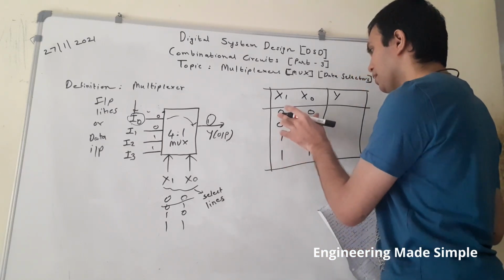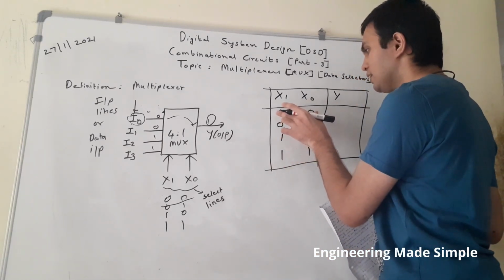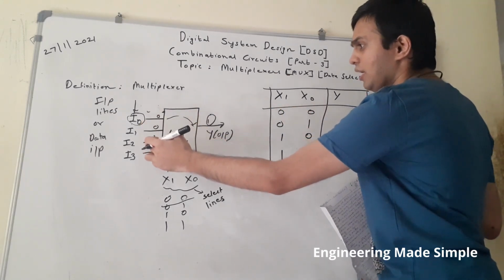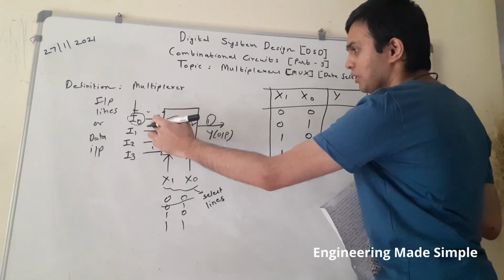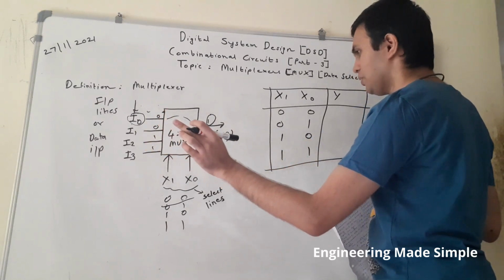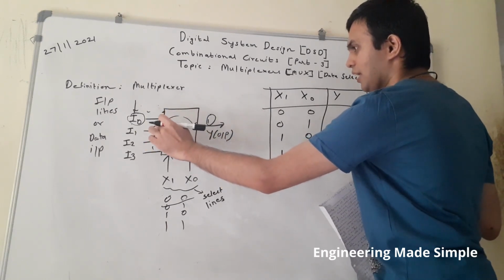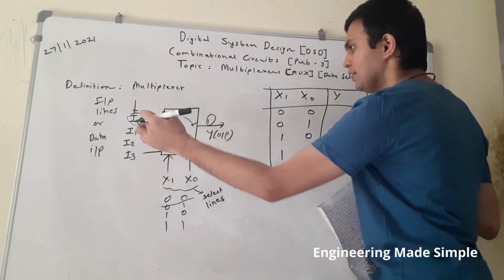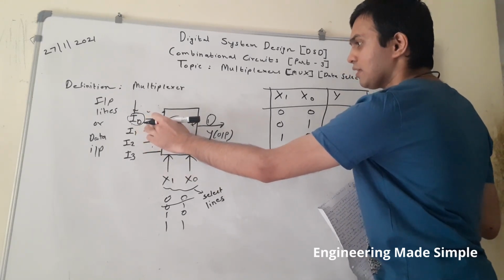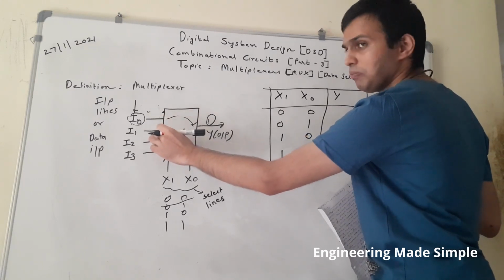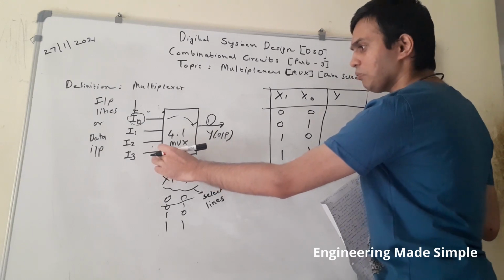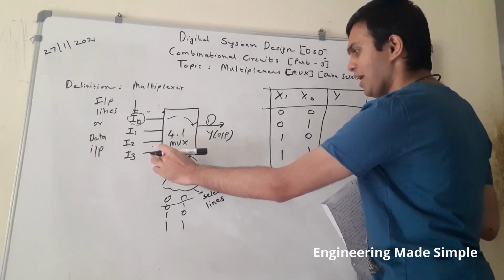Now depending upon this select logic, which particular input line will be selected would be decided. First input line is denoted by I0, second input line is denoted by I1, third input line is denoted by I2, and fourth input line is denoted by I3.